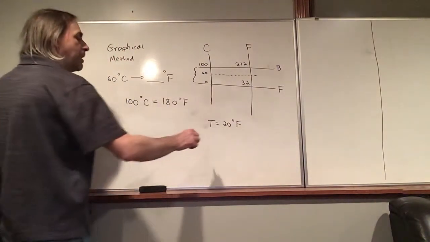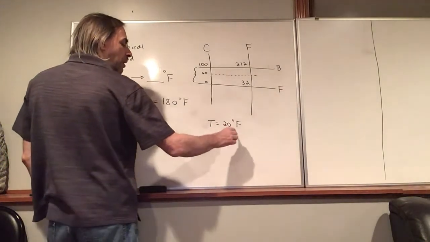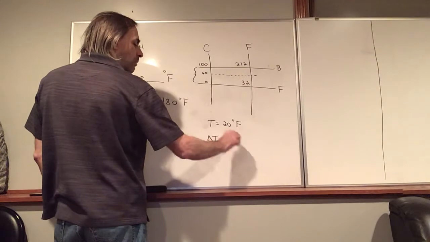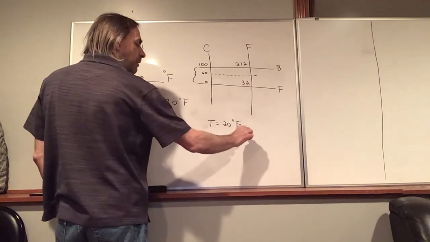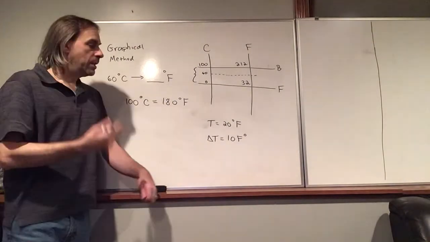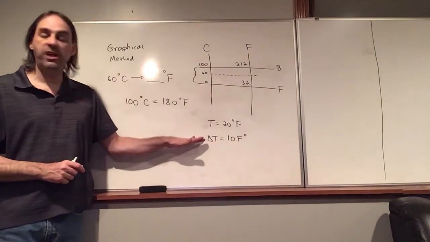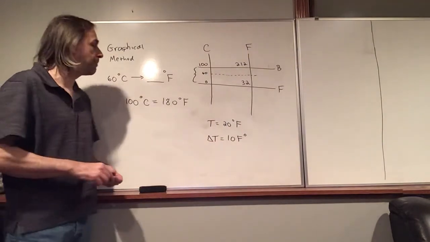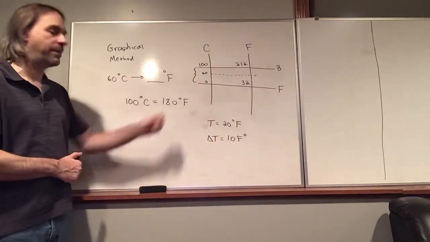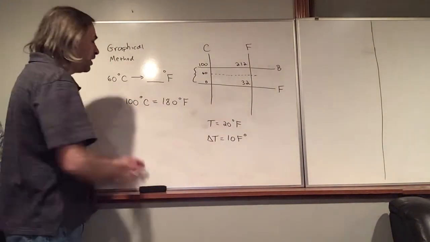If we're talking about a change in temperature, let's say delta T, I'll use a different number, let's say 10 Fahrenheit degrees, we'd write it this way. So if we're talking about readings, it's degrees Fahrenheit. If we're talking about changes, it's Fahrenheit degrees. If you look at older books, you see things like this, and you just have to understand that we're talking about changes.